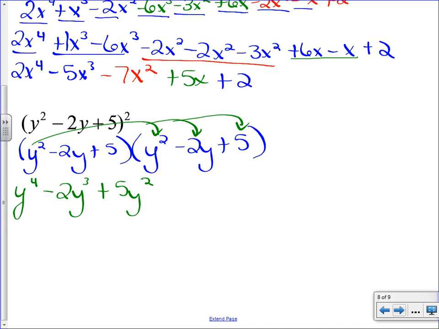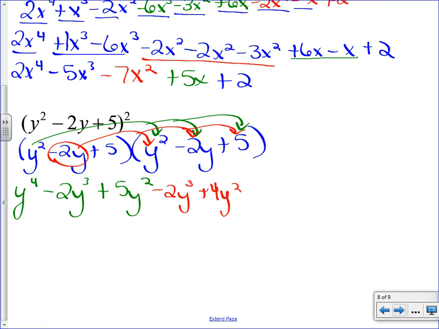What would be my second one, Nathan? Minus 2y times y squared gives me? Minus 2y cubed. Good. Minus 2y times minus 2y is plus 4y squared.